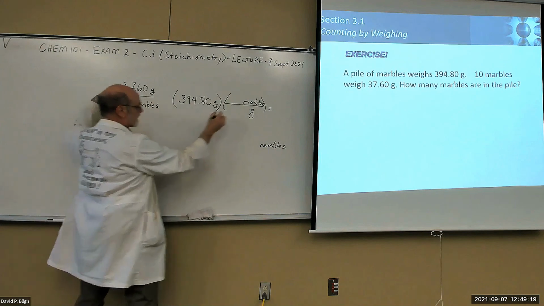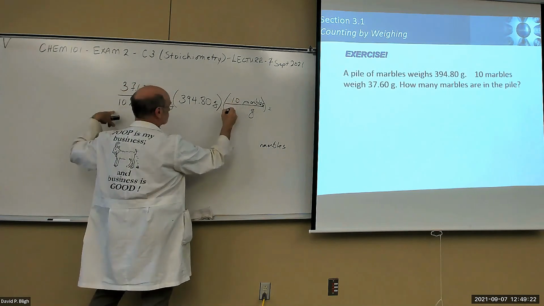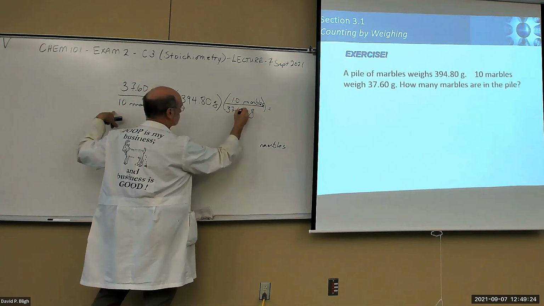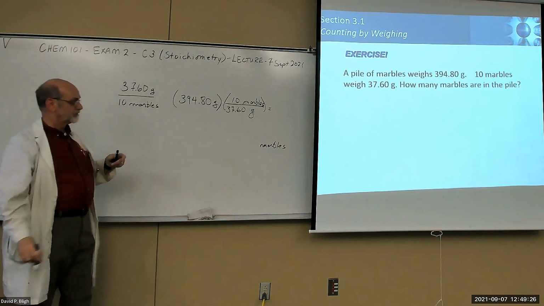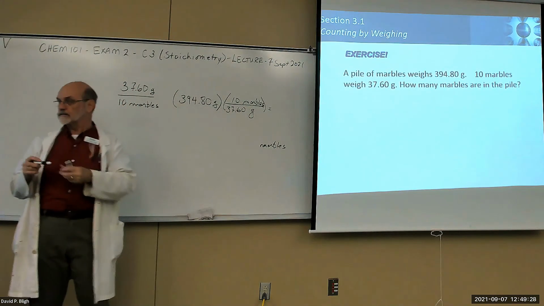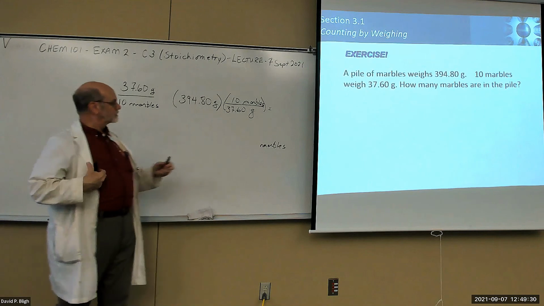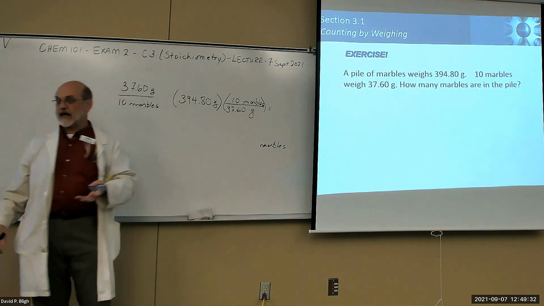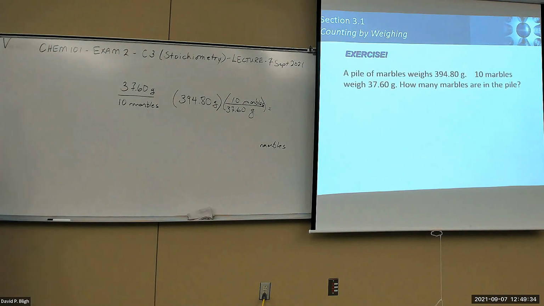So we know that 10 of these marbles are worth this value. And there you have it. That's all you need. Dimensional analysis at your service. Like I said earlier, lots of chemical problems can be solved by just unit conversions. This is one of those occasions.